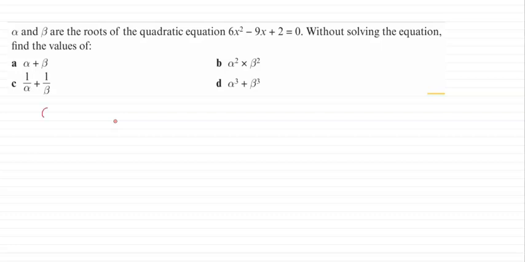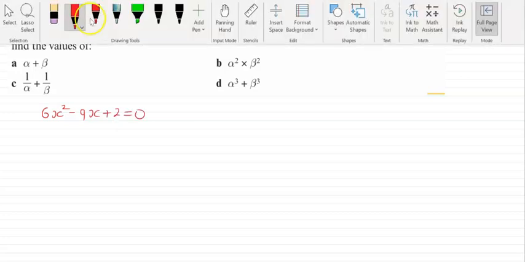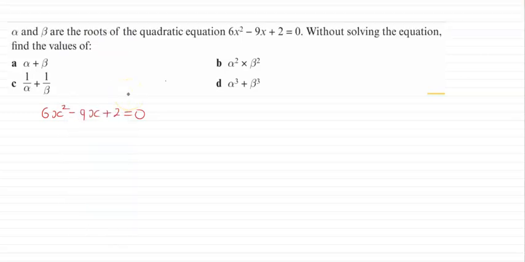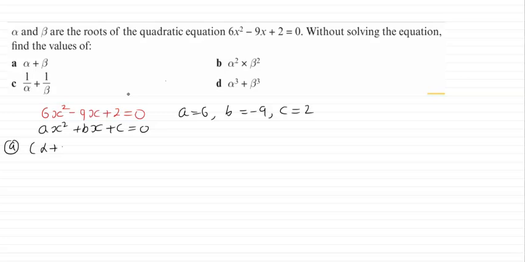So here it is given 6x square minus 9x plus 2 equal to 0, right? In this equation, let's find out the values of a, b, c first. Compare it with ax square plus bx plus c equal to 0. So a is 6, b is minus 9, and c is 2. For the first part, they are asking you to find alpha plus beta.